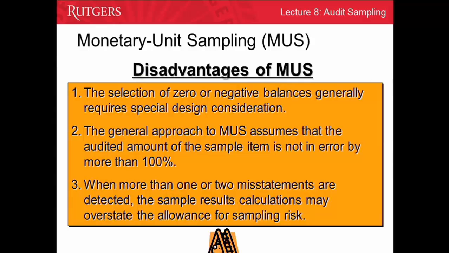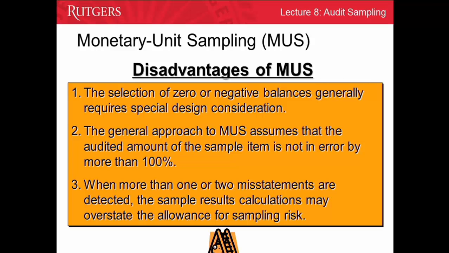But there are also several disadvantages of MUS, like the selection of zero or negative balances generally requires special design consideration. For example, if examining zero balances is important, like searching for unrecorded liabilities in accounts payable, the auditor must test those items separately because such items will not be selected using a probability proportional to size selection method.